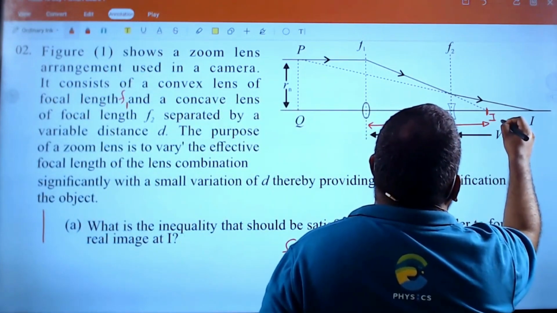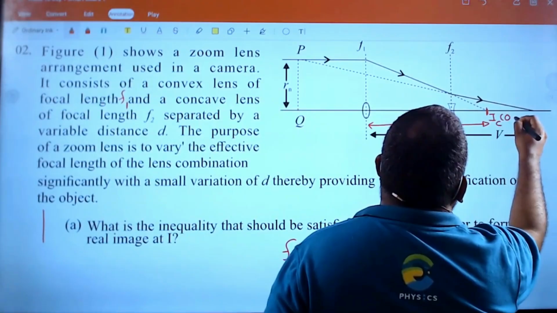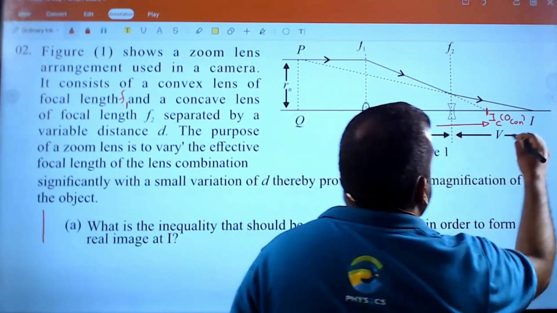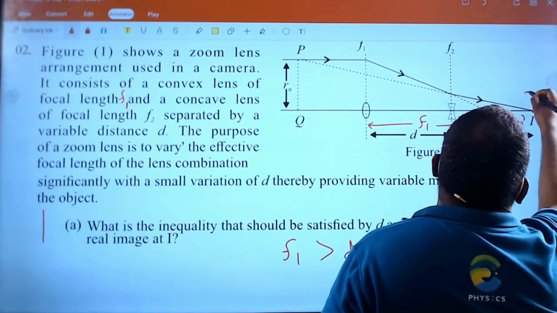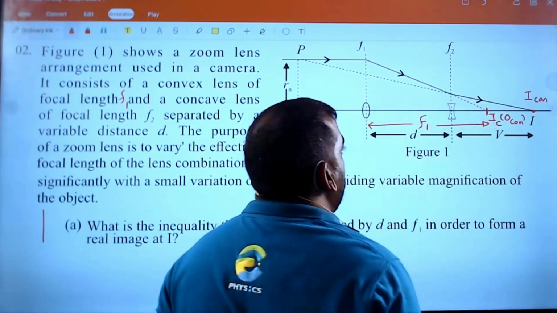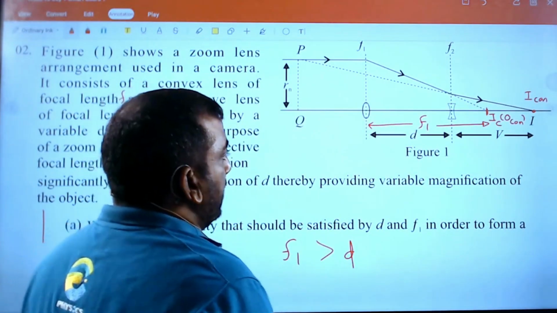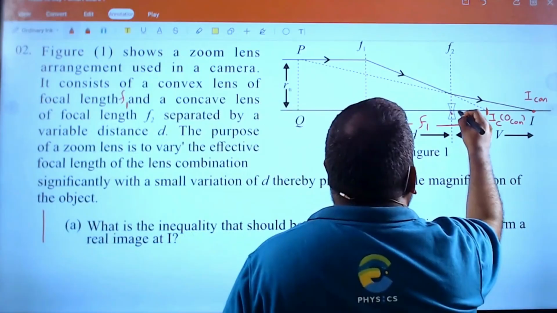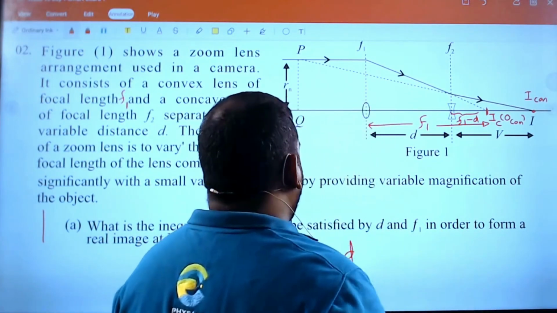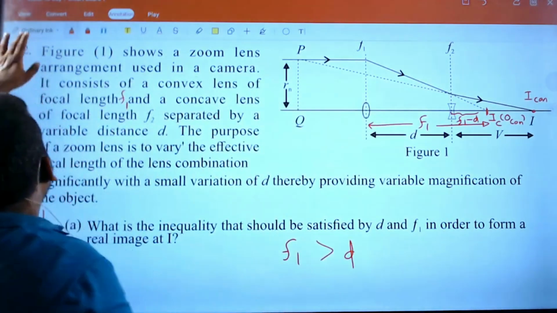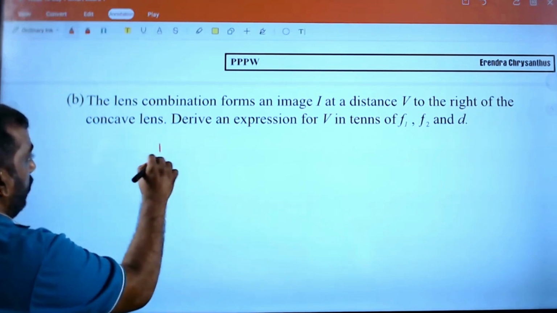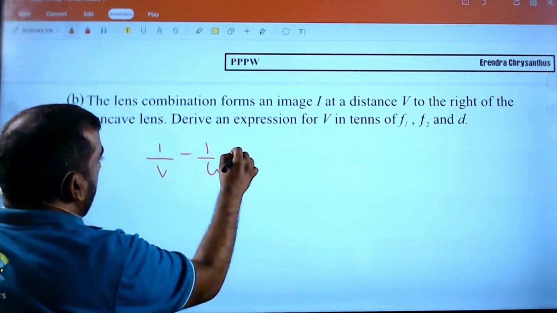The image of the convex lens is the object for the concave lens, and this is the image for the concave lens. So what is your object distance here? f1 minus d. Image distance is v. Let's apply the lens equation: 1 over v minus 1 over u equals 1 over f.